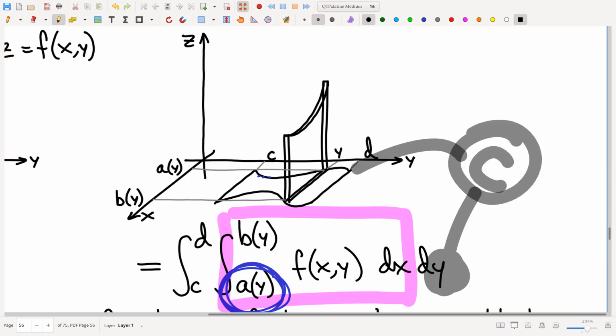Which means, while that is a function of y as far as the y integral is concerned, as far as the x integral is concerned, that's still a constant. Does that make sense to everybody? So the fact that it's a function of y won't even show up. It won't influence anything until we get to the y integral. So no big deal.